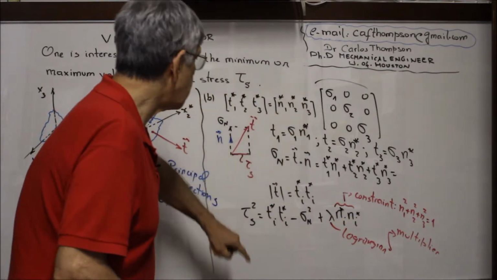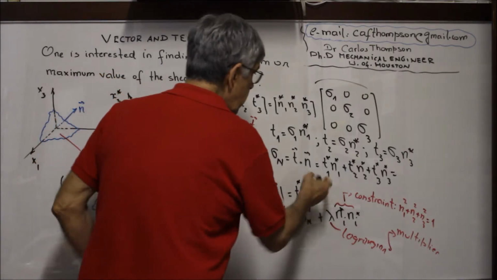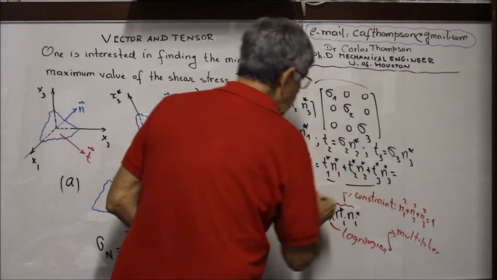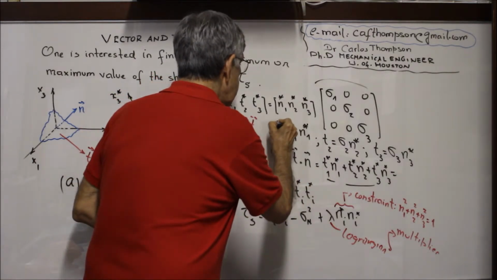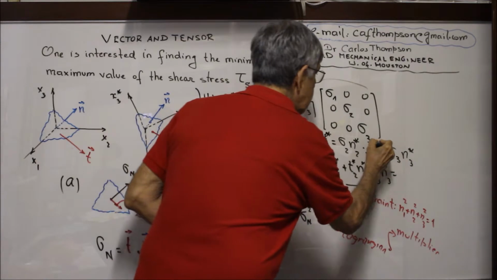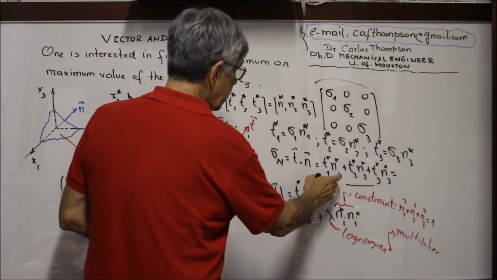Now sigma n squared is this here, squared. I can substitute T1 asterisk right over here.